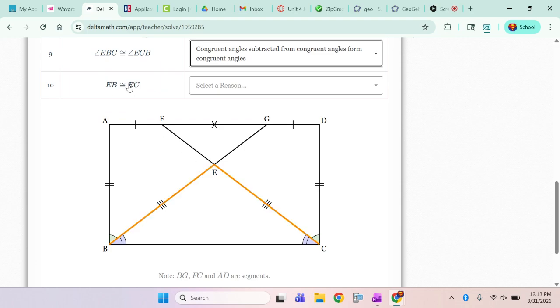Thus, why are these two sides congruent? What type of triangle is this? It's isosceles. Why?